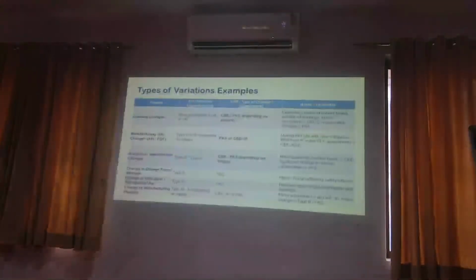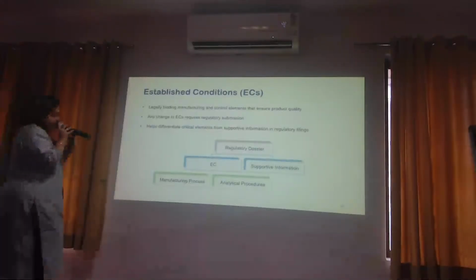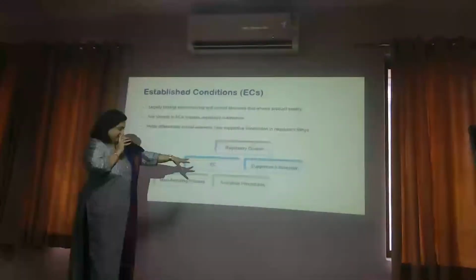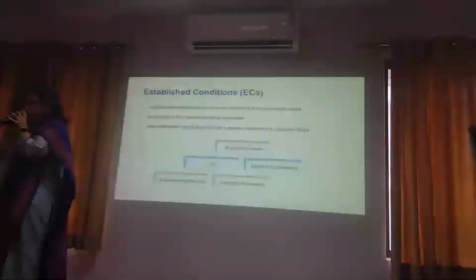So this I have taken from ICH Q12. So what are established conditions? Legally binding manufacturing control elements to ensure the product quality. We have two things: one is the established conditions and one is the supporting data. For example, my manufacturing formula is my established condition. If I change my manufacturing formula, I have to file a variation.